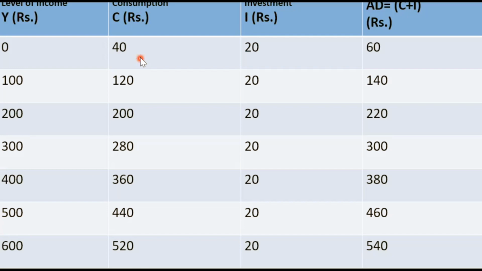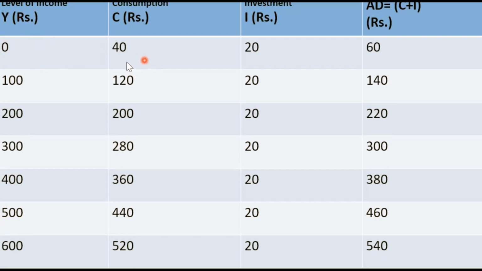And why are we having this 40 at even 0 level of income? When there is no income, then how can we consume? This should be the question, isn't it? But the reason here is that in order to survive, even when we do not earn, we do certain consumption. And that's why at 0 level of income, we are doing consumption as a consumer.